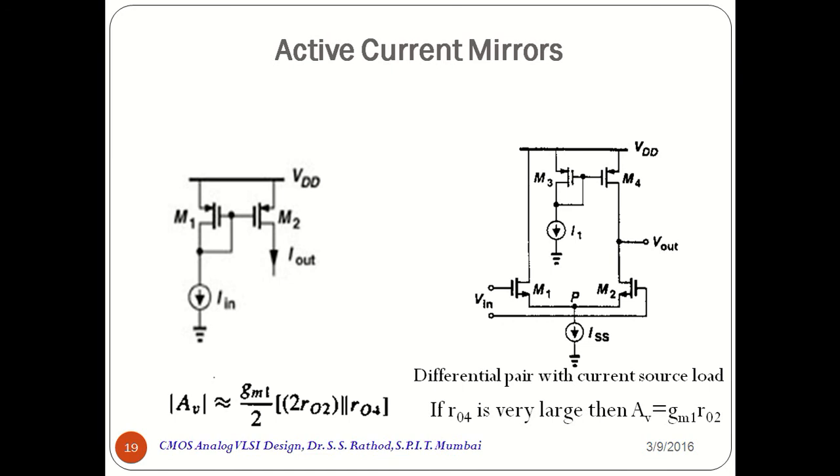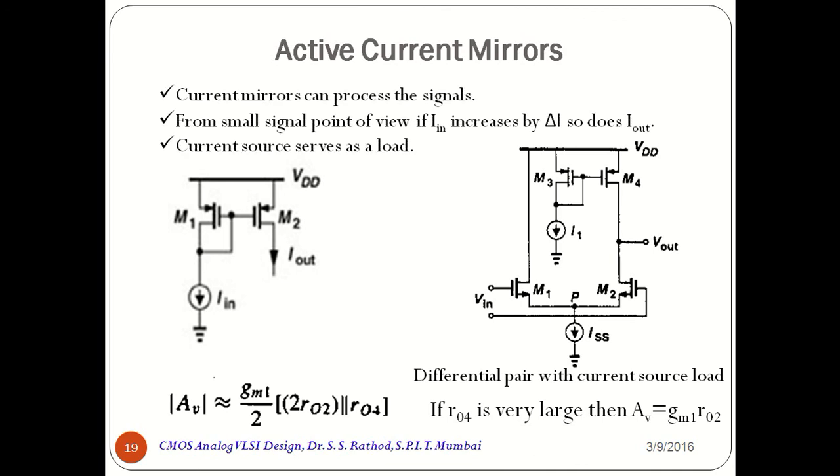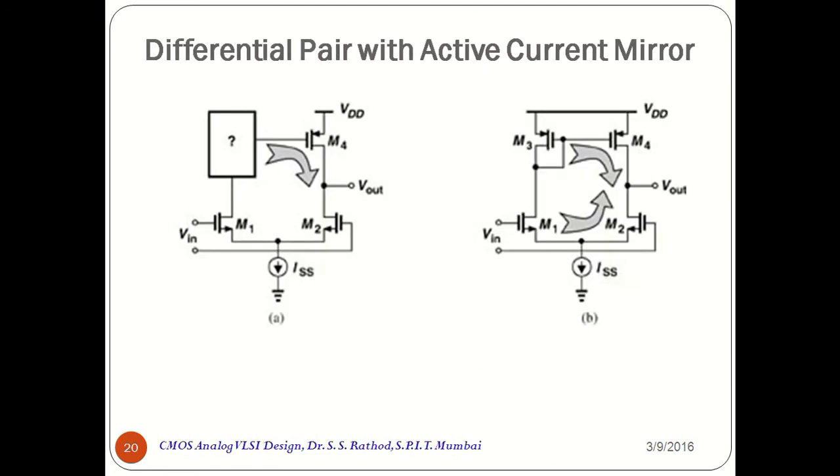And if the output resistance RO4 is very large, then the small signal gain AV will be simply GM1 into RO2. So basically current mirrors are used to process signals, and they also serve as the load in circuits, for example differential amplifiers.